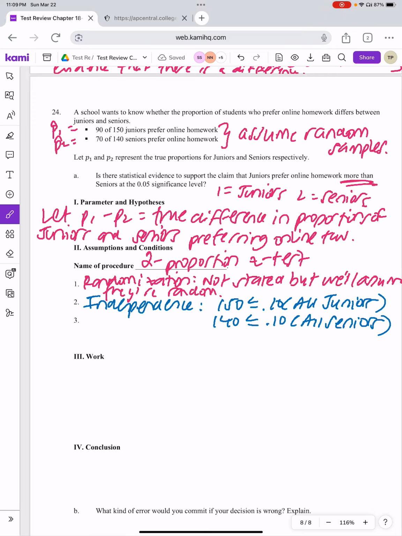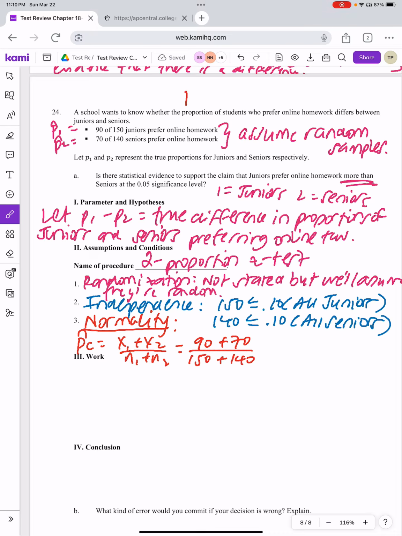Third condition, we need to check for normality. Because it's a two-prop test, we need to make sure that we find P hat C. And P hat C is just x1 plus x2 over n1 plus n2. So x is the number of juniors who prefer online homework, so that's 90, plus 70 seniors who prefer online homework divided by the sample size, 150 plus 140. So remember, P hat 1 is 90 out of 150.